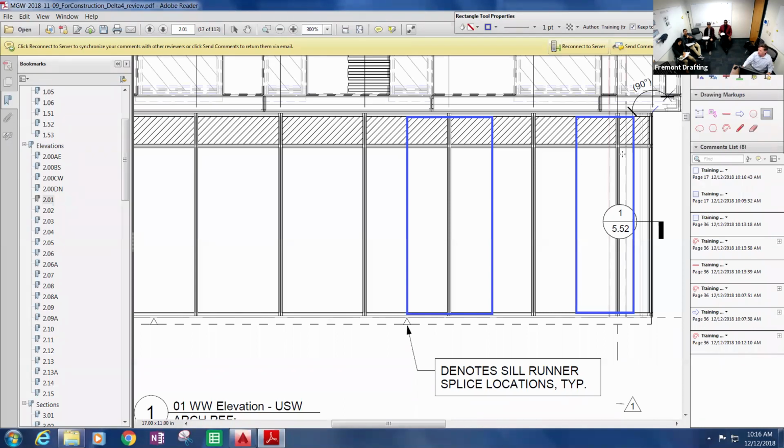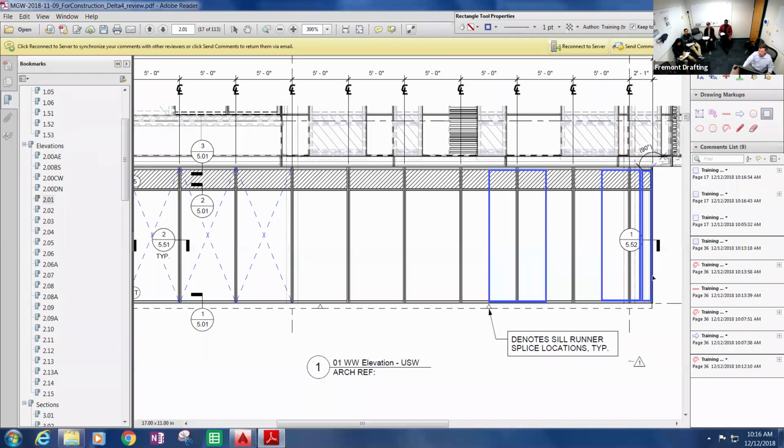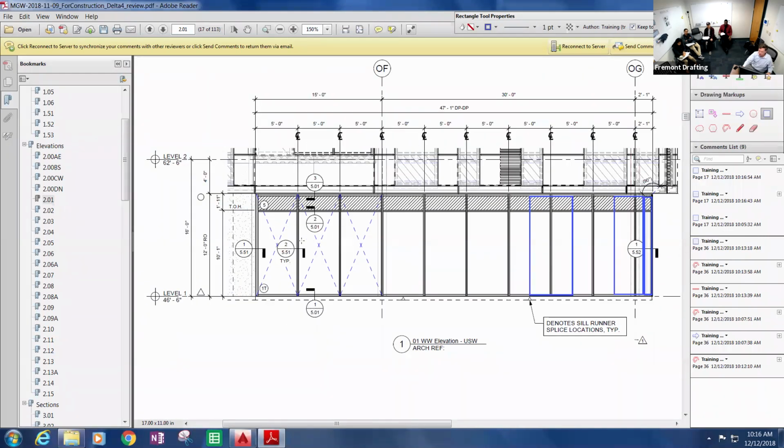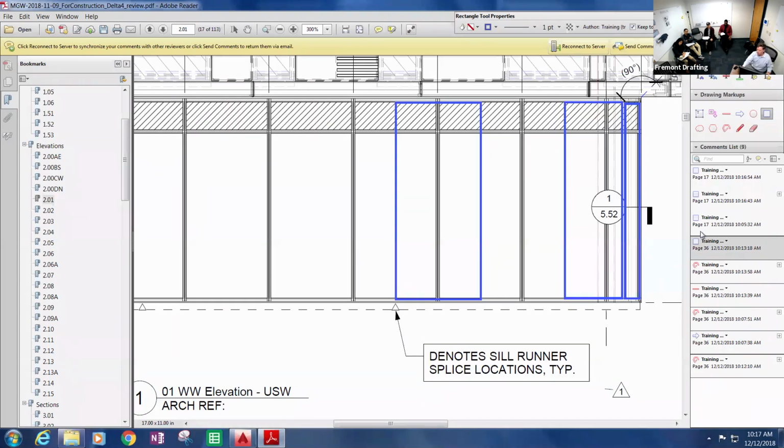And then on a jamb, it's just a small area. The jambs just get half of whatever that bay is that it's up against. So that's when we're looking at deflection of the vertical mullions.